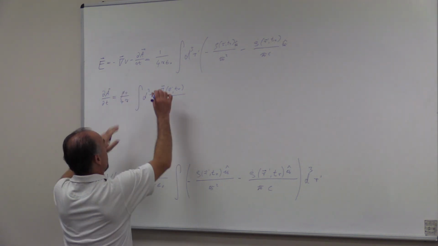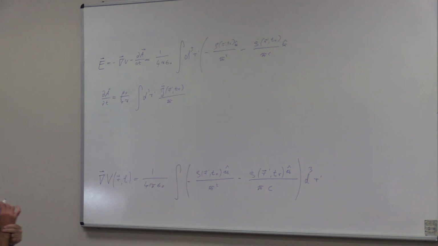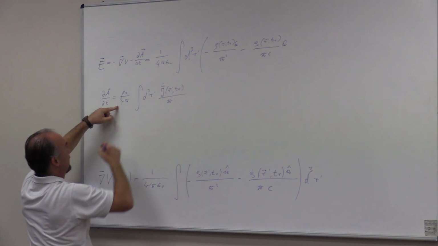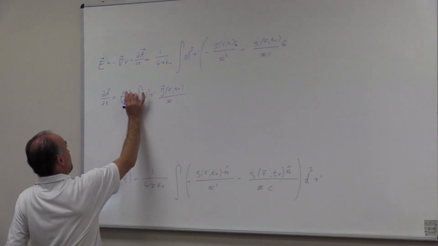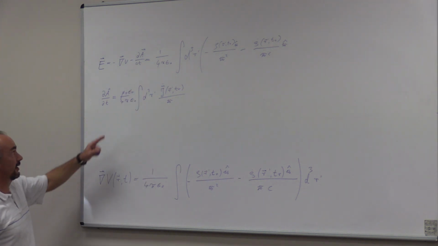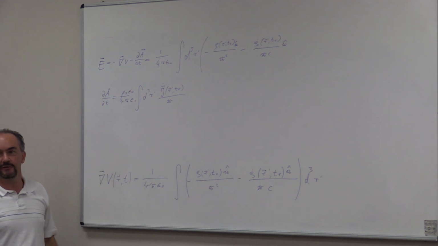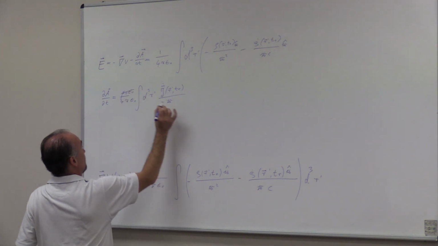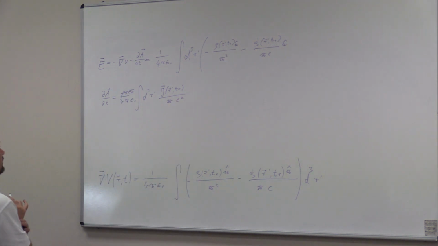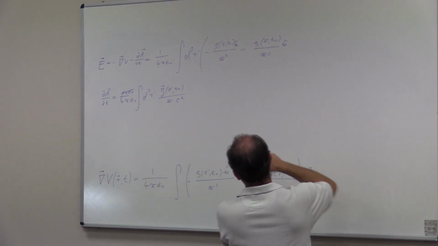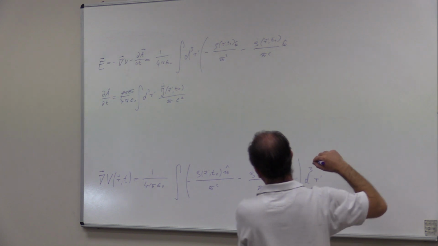And to write this in the same integral, let me add epsilon naught on both sides, and mu naught epsilon naught is 1 over c squared. Right, so now we can put that in the same integral here with a minus sign.